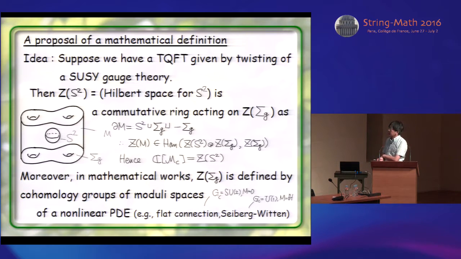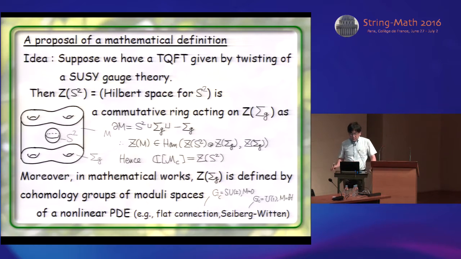And for G_C is U(1), M is just the one-dimensional quaternion representation. Then this is called, in the mathematical literature, the Seiberg-Witten equation. So it's a certain nonlinear partial differential equation, and you consider the moduli space of solutions and take its cohomology group. This is a conventional approach to defining TQFT associated with this gauge theory.